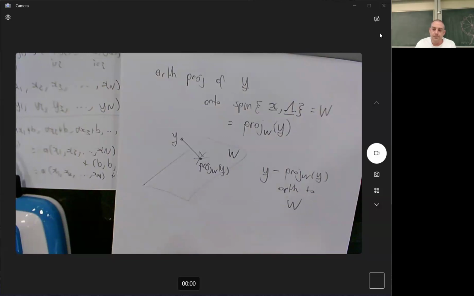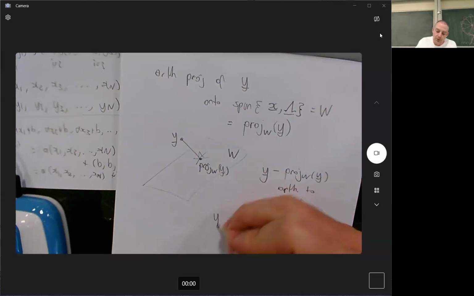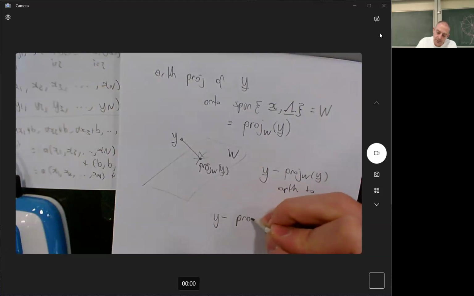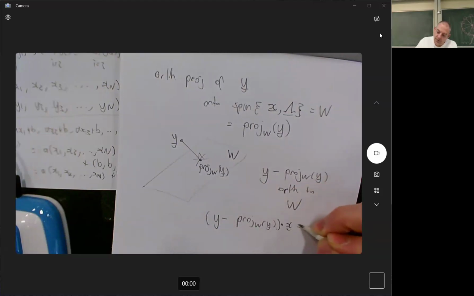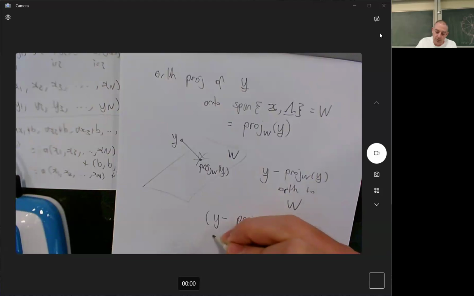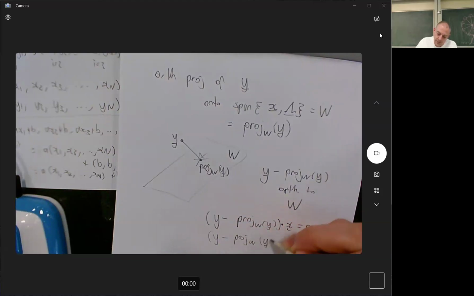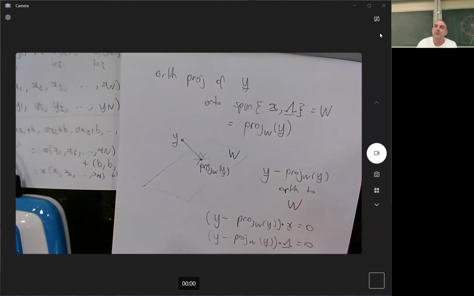And so that means that when you dot this with x, you should get 0. And when you dot this with lambda, you should also get 0. All right. Cool.